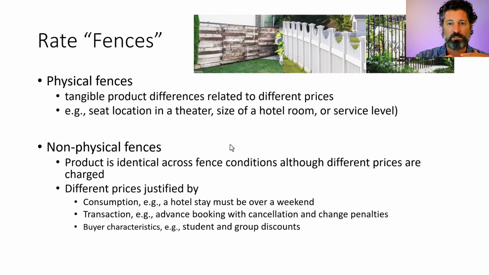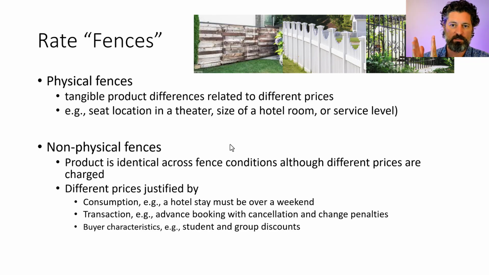So what marketers have to do is think about where these fences exist, or manufacture fences, and say, okay, this now is going to be an airline seat with 3 inches more of legroom. This is going to be an airline seat that allows you to change without a penalty. This is going to be an airline seat where you get to get on the plane first and watch everybody come in after you. All these different versions of this thing.